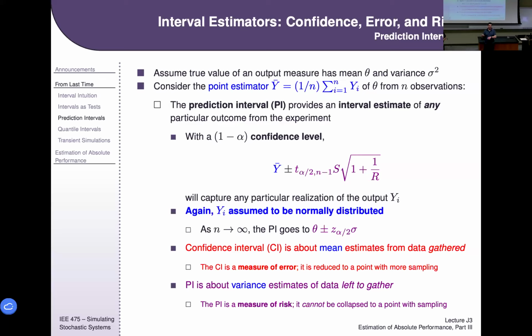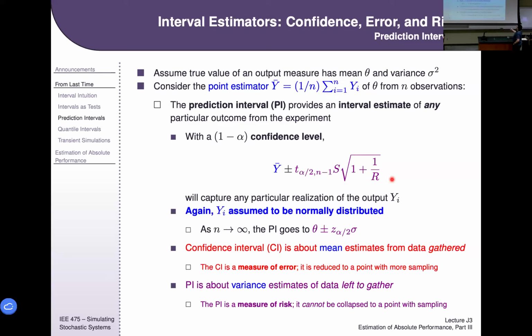And the prediction interval combines those, and it effectively says, based on the data you have, how much predictive power do we have in those previous samples? There's the intrinsic variability in the system, so that reduces our predictive power. And there's also variability due to us sampling so few times, and so that further reduces our predictive power.